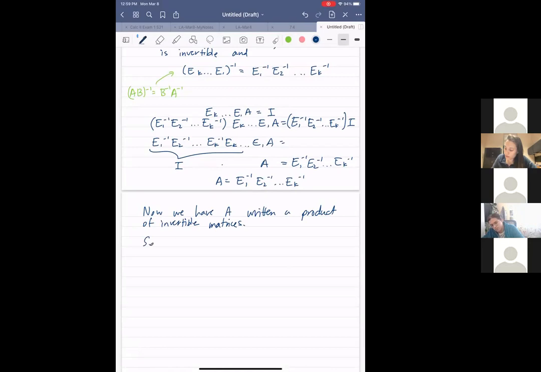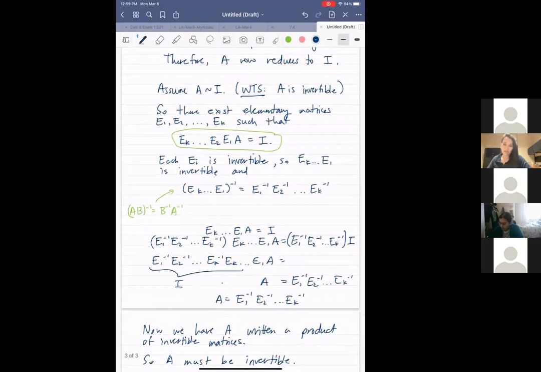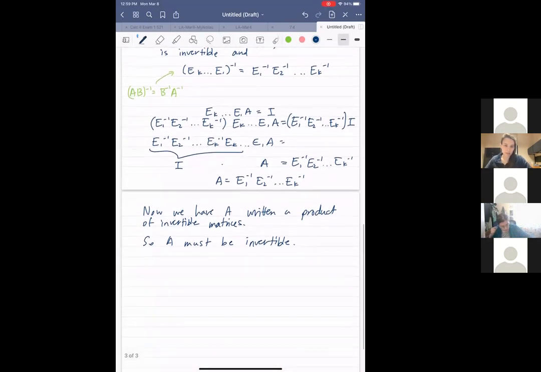Therefore, A must be invertible. And that's what we were looking for, right? That's what we wanted to show, that A is invertible. So technically we're done, but we can say a little bit more. So why not? Let's do that.